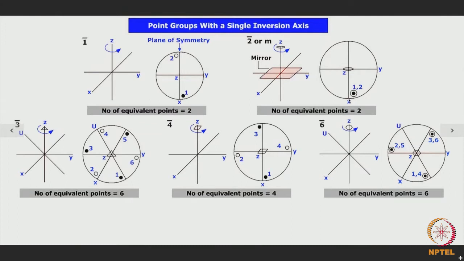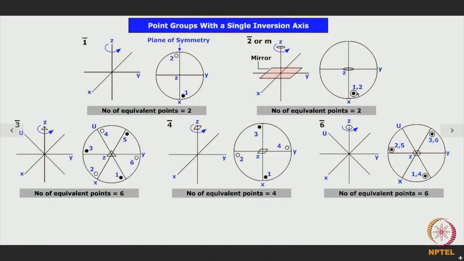So, if point number 1 is a given point, if it were a two-fold rotor, its next position would have been over here, but it is not a two-fold rotor, but a two-fold inverter. So, what happens is that after inversion through the center, it comes back to the same position as 1, but now the level will be different.